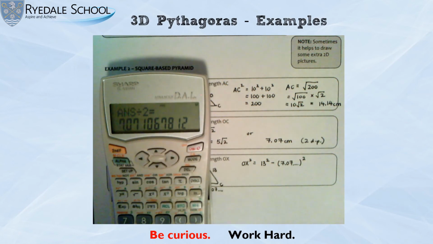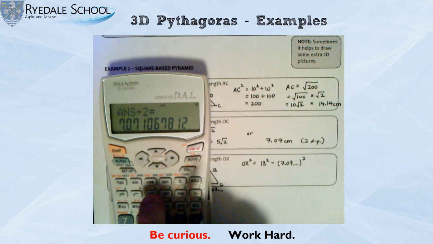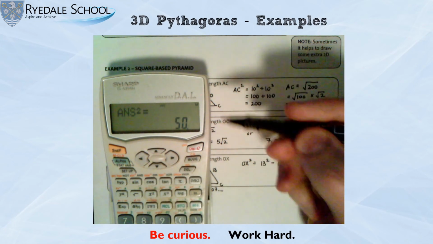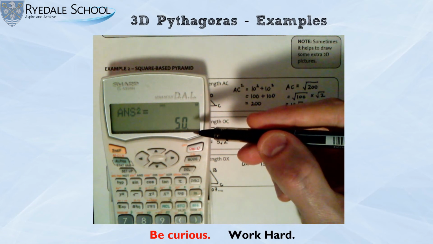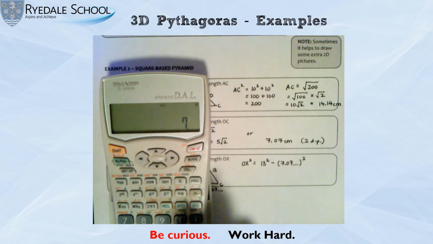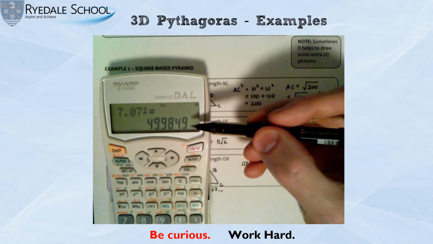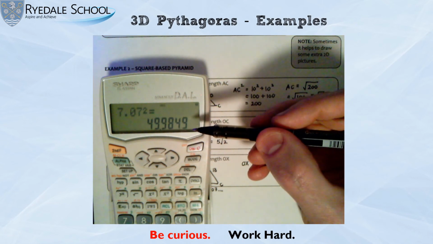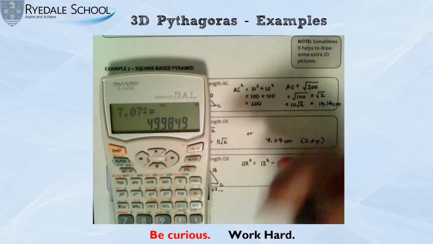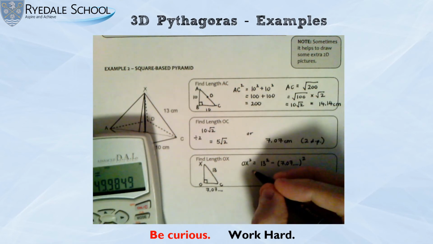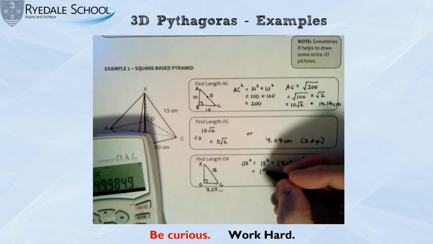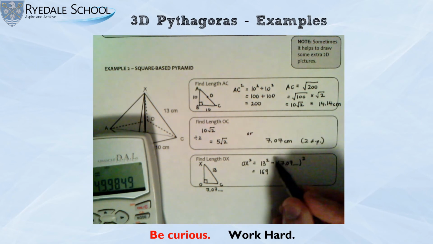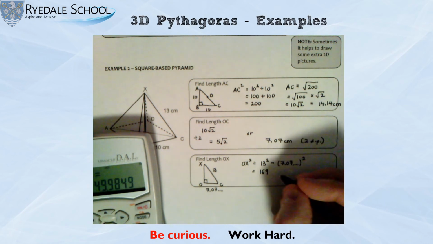And this is the reason why I've left this on the calculator. It means I don't have to type it in again. Because what I can see is if I square that number, it actually ends up as a really nice number. If I'd squared 7.07, there's my little bit of inaccuracy. Okay, not going to make a huge difference, but I like to be exact. So 13 squared I know is 169, and that, I just showed you on the calculator, was equivalent to 50.